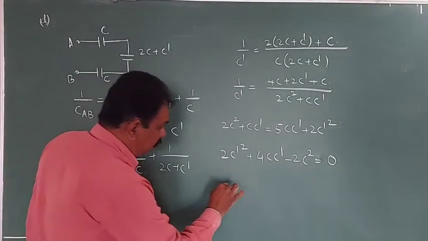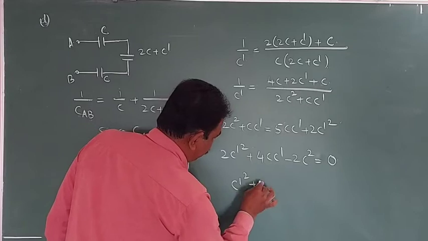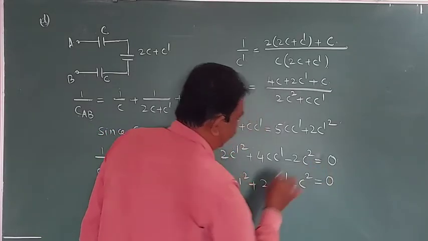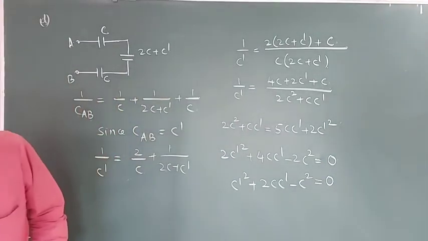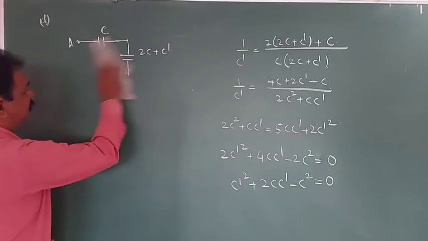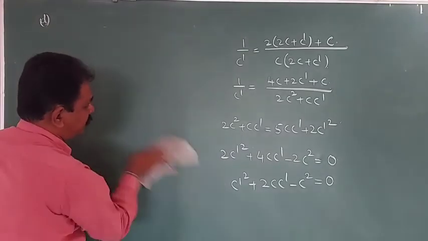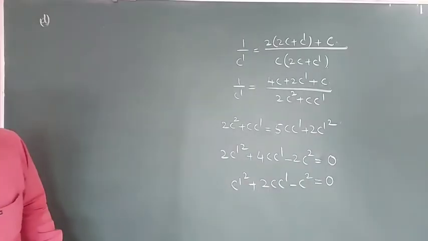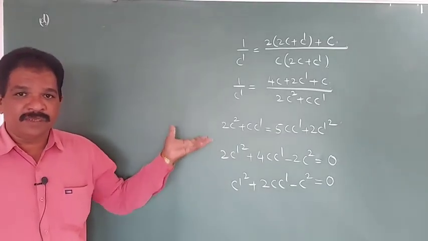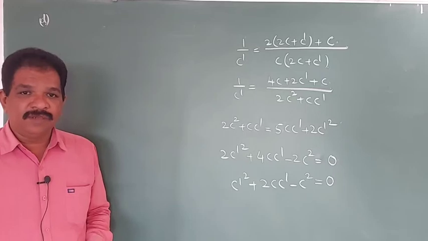Or we can write this as C dash square plus 2C dash minus C square is equal to 0. Then apply x is equal to minus b plus or minus square root of b square minus 4ac by 2a.